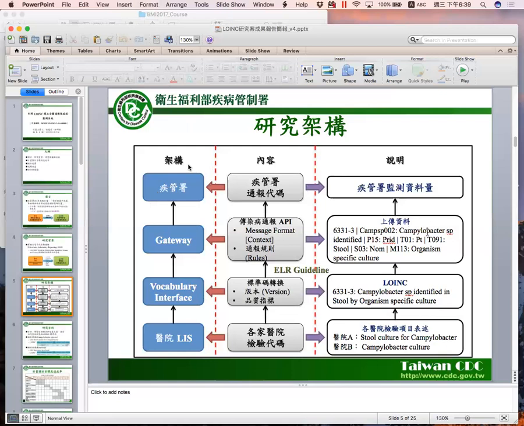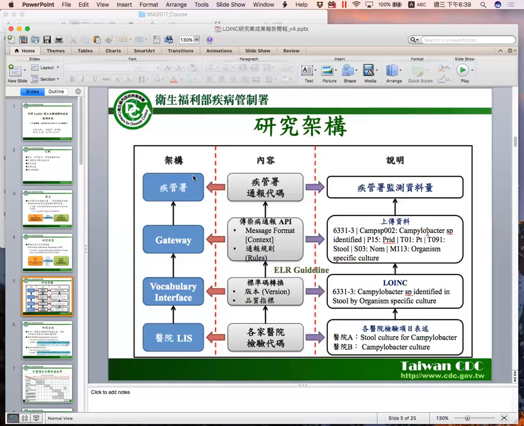Yes, this is pneumonia, streptococcus. I remember it was a 3-year project.